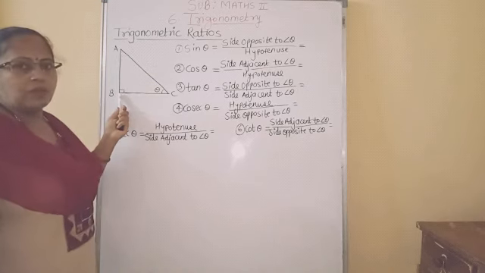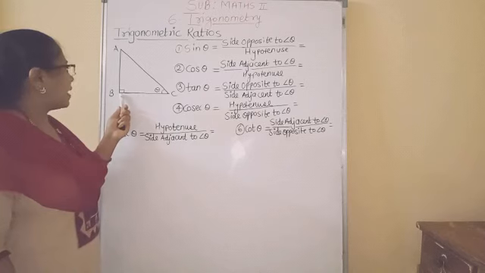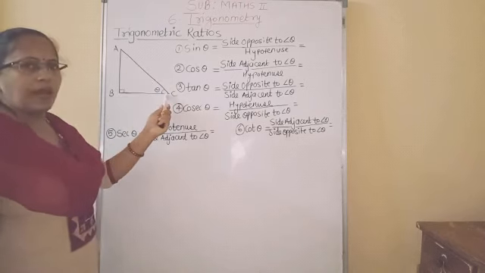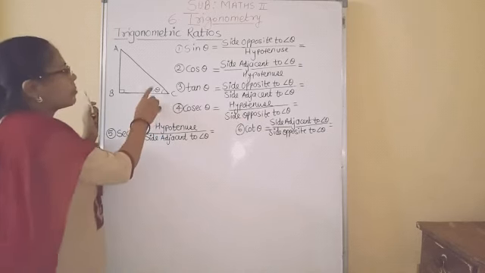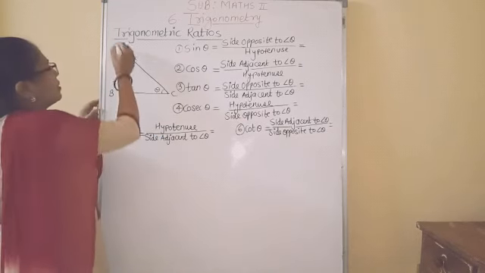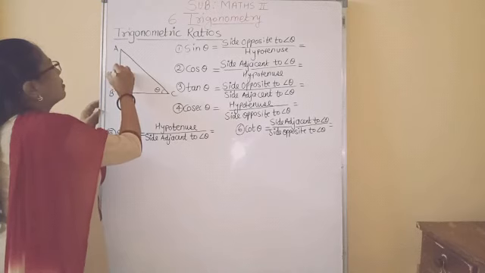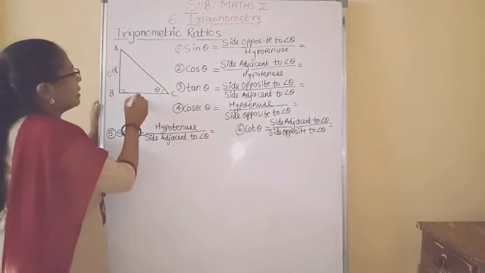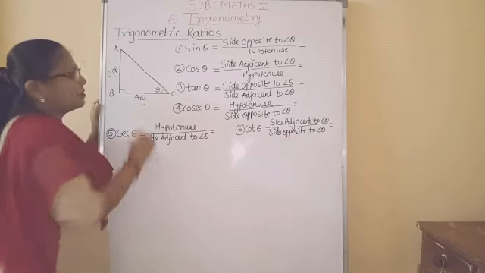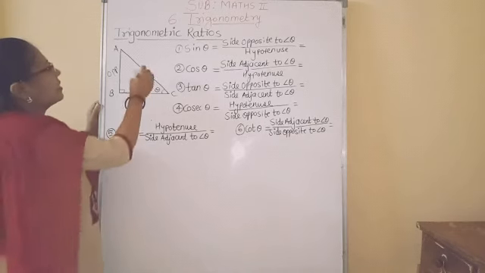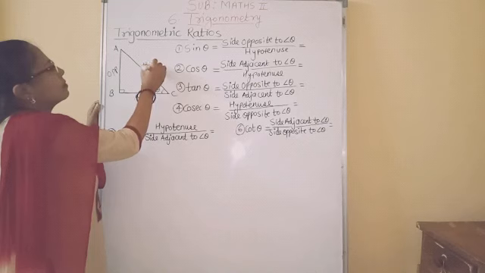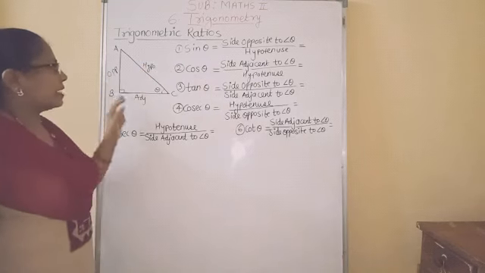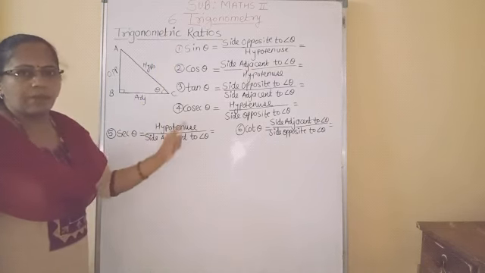And as we know, the side opposite to 90 degrees is the hypotenuse, so AC is the hypotenuse. Now with respect to this angle theta, side AB is the opposite side, side BC is the adjacent side, and AC is the hypotenuse. Now using these three sides, let us see how to find the trigonometric ratios.